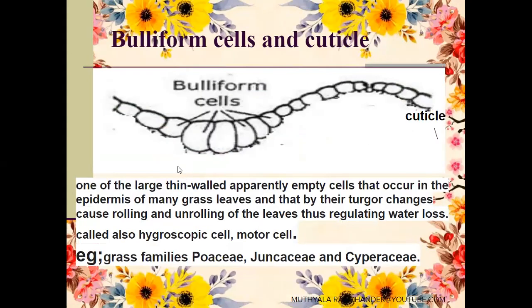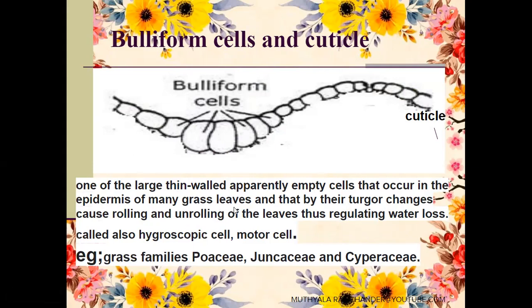Next, from the epidermal tissue system, bulliform cells and cuticle. Bulliform cells are present in Poaceae, Juncaceae, and Cyperaceae, which belong to grass families. In the epidermis of these grasses are large, thin-walled, apparently empty cells.